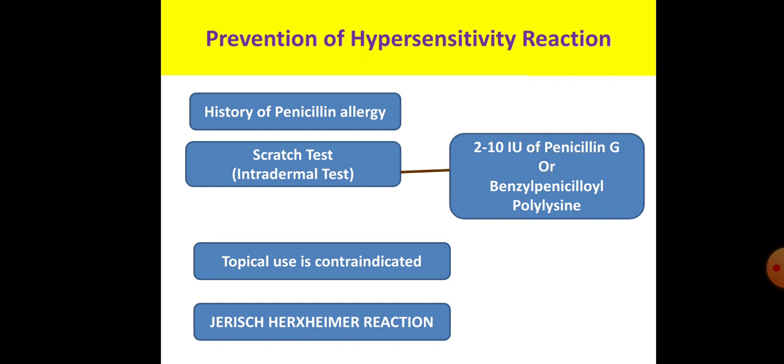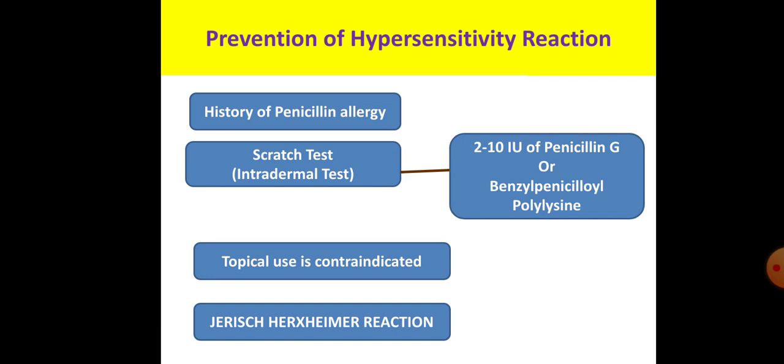As I have told you, penicillin is very effective against the spirochete Treponema pallidum, which is responsible for syphilis, and it is the drug of choice. But if the person has a syphilitic lesion and you give penicillin, initially you can see that the lesions are increasing, the fever increases, there are rigors, and you may feel that the condition is deteriorating rather than improving. But no, it is actually not so.